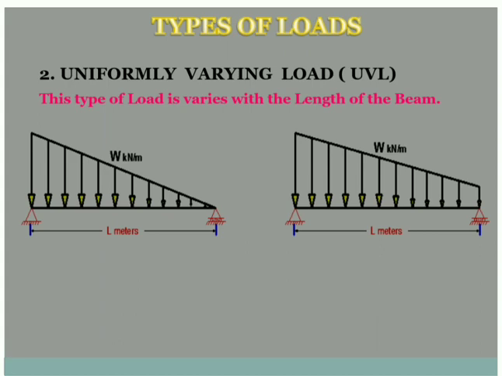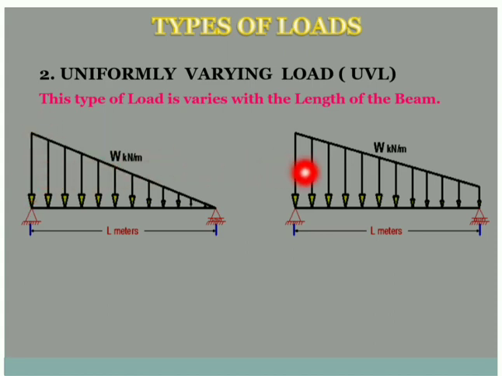Generally it is in two types of shapes. The left one is the triangular shape, where you see that the load is going on reducing. This can be from this side or this side also, not an issue. Both are UVL only. In the triangular shape, at the end the load becomes 0 and at the base the load is the maximum.